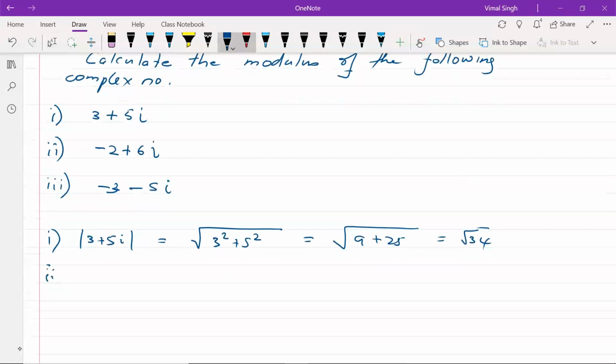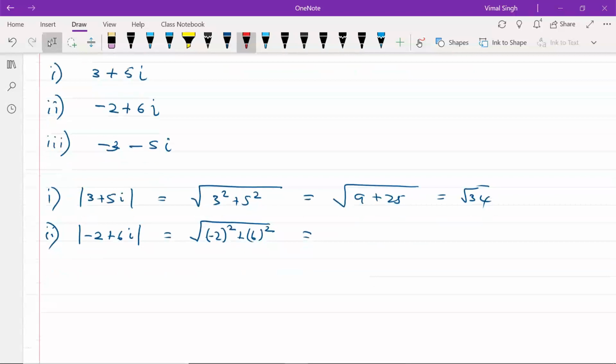Number 2 is the modulus of minus 2 plus 6i, and that again is the square root of negative 2 squared plus 6 squared. When you enter minus 2 on your calculator, make sure you have brackets, because otherwise the calculator will spit out an answer which is negative. Remember, when you square a negative number, it is always positive. So this is simply the square root of 4 plus 36, which comes out to be the square root of 40.